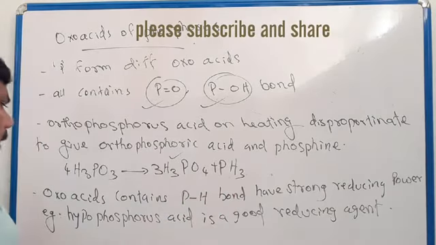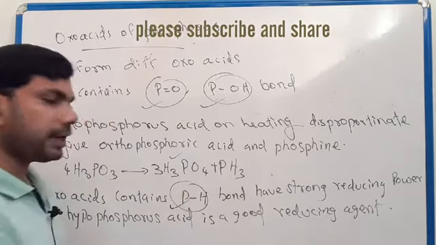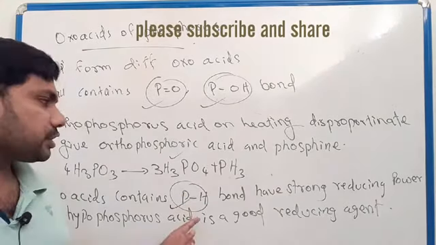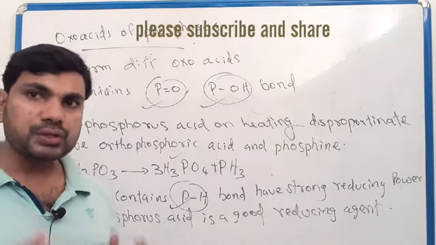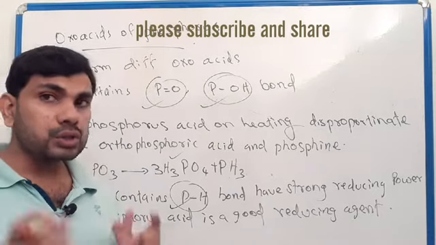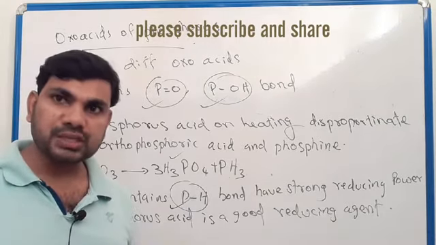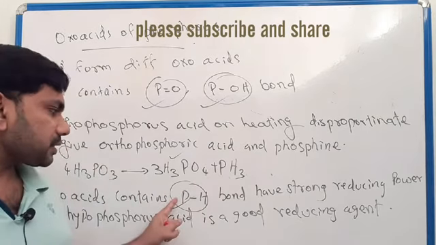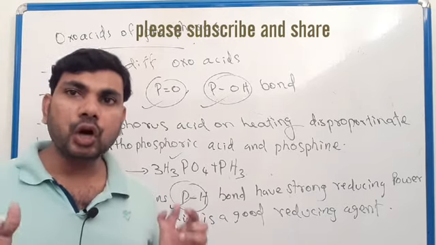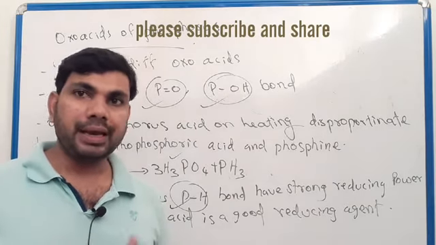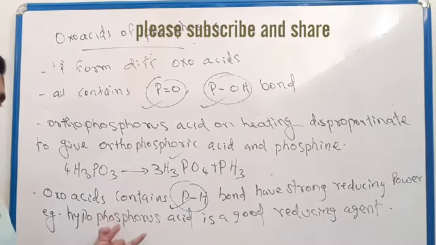Clear? Oxo acids of phosphorus which contain a phosphorus single bond hydrogen have strong reducing power; they act as strong reducing agents. An example is hypophosphorus acid.